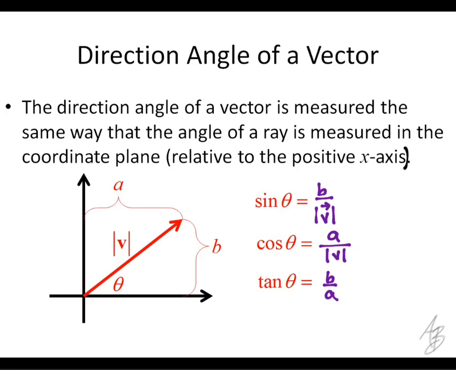Tangent, because all it needs is the components of the vector. It just needs A and B. We don't need to know the magnitude. We will have to be able to recognize when B and A are negative, and therefore what's going to happen with tangent, and so knowing what quadrant the angle is going to be in and stuff like that. So you're going to have to go back to your knowledge of trigonometry for those things.